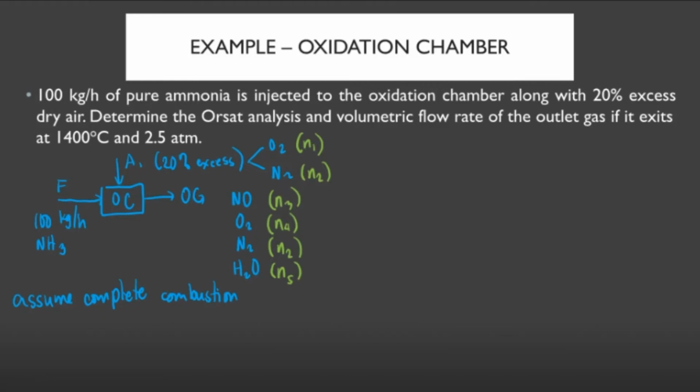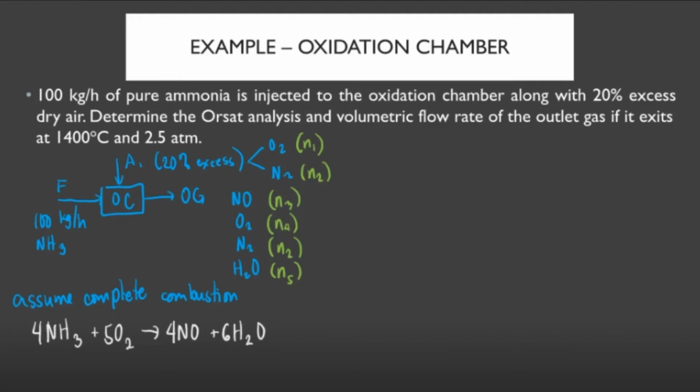We simply have to figure out what 20% excess air means, and then we can proceed to our elemental balances. For us to be able to utilize the 20% excess air, we first have to determine the theoretical amount of oxygen needed. And for that, I will write again our balanced chemical equation, that is ammonia plus oxygen yields NO plus H2O.